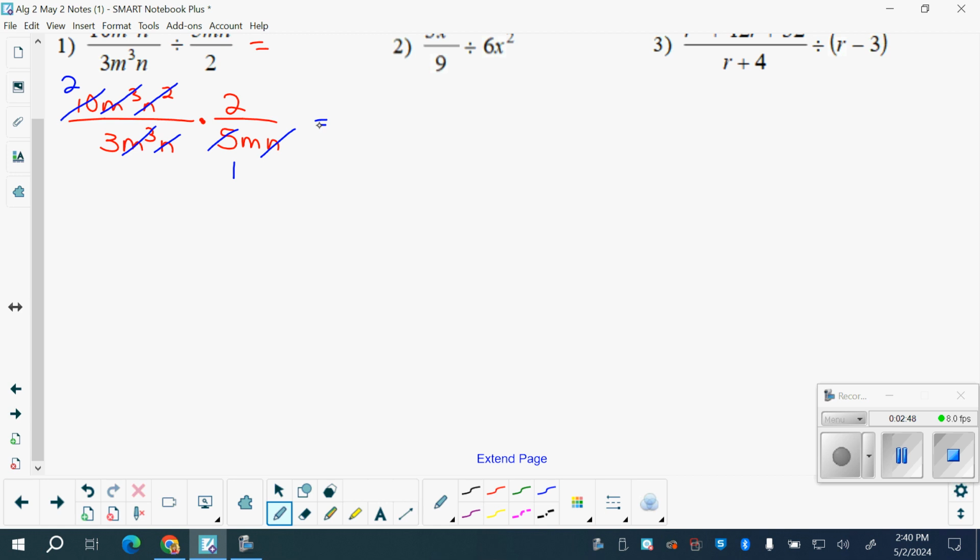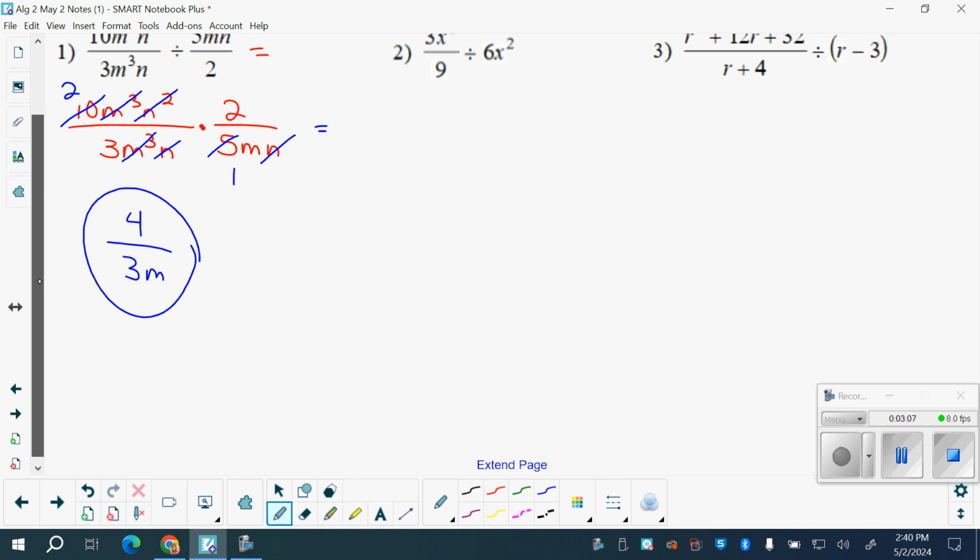So then we get 2 times 2 is 4 over 3m. Especially when they're monomials like that, or monomial fractions, it's easy to miss something you canceled. So that m, for example, would be easy to miss when you go to write your answer.